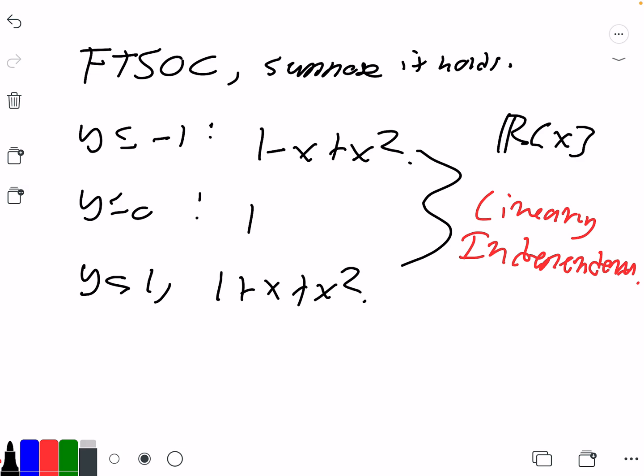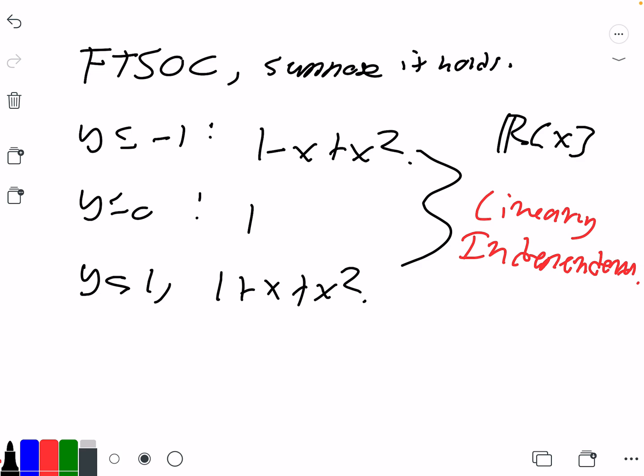But also, from the problem statement, if this whole thing holds, then these need to be linear combinations of the polynomials a(x) and b(x), right? So we've reached a contradiction.